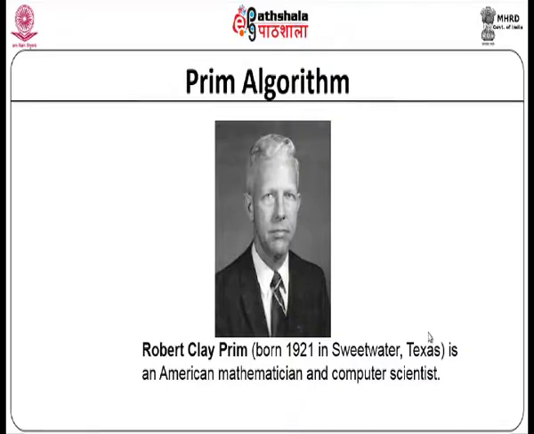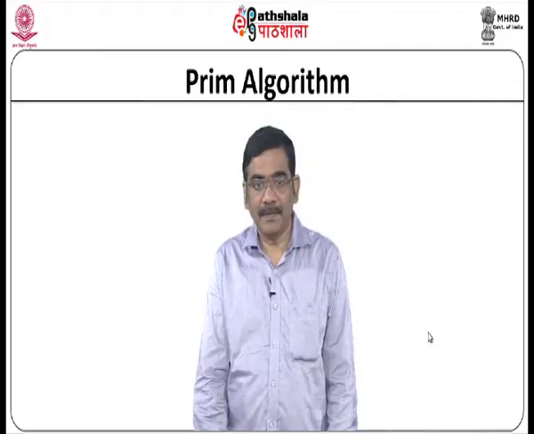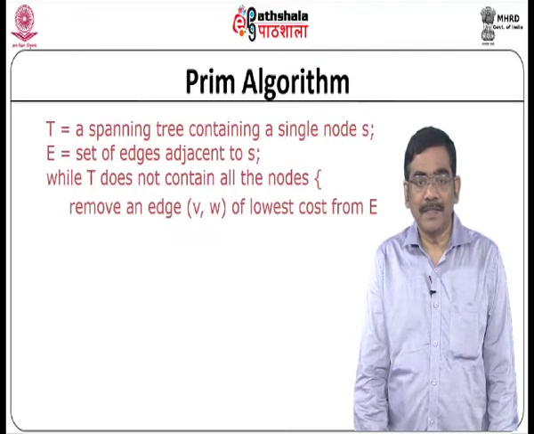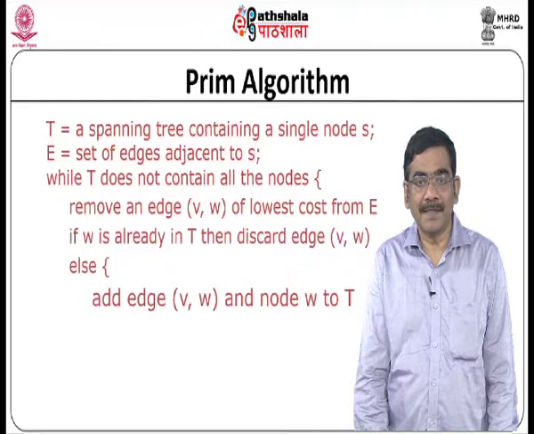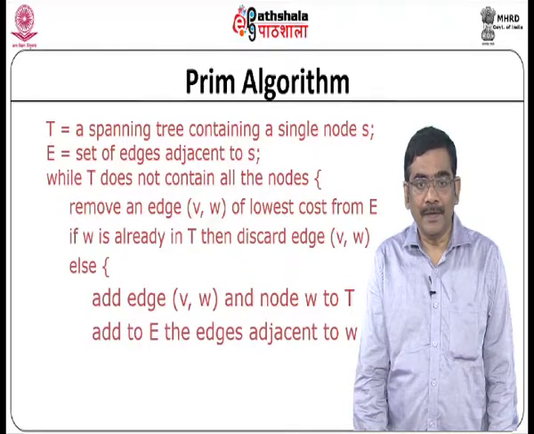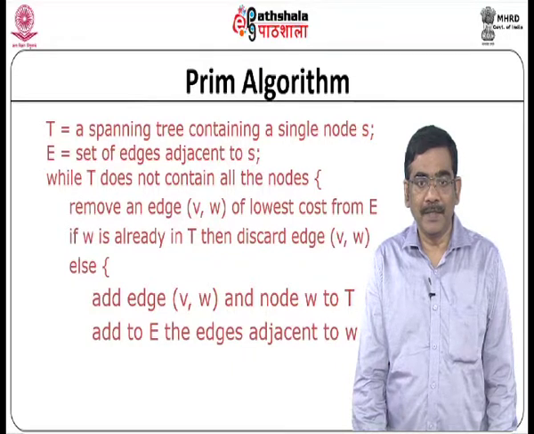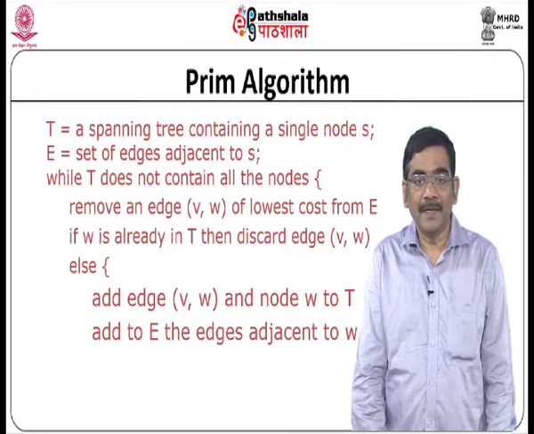This was designed by Robert Clay Prim, an American mathematician and computer scientist. This is the informal algorithm, and you can see that it is exactly similar to the earlier Kruskal algorithm. Initially T is going to have a single node, so we have to start somewhere.